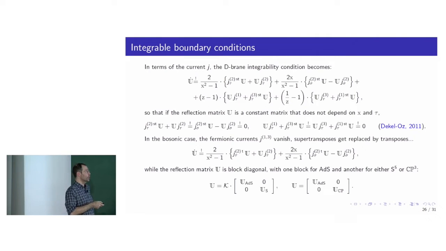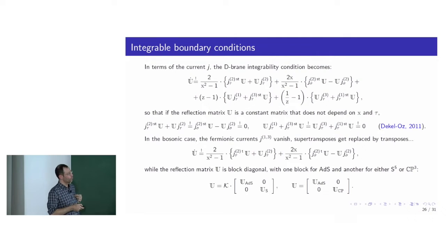But in the bosonic case, and for generic structures of U matrices or reflection matrices, we have to solve this equation, which of course depends on the spectral parameter, and in fact U will turn out to depend on both the worldsheet time, tau, through the coordinates, and the spectral parameter.